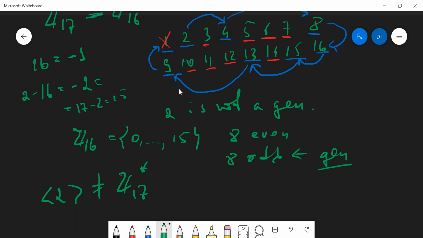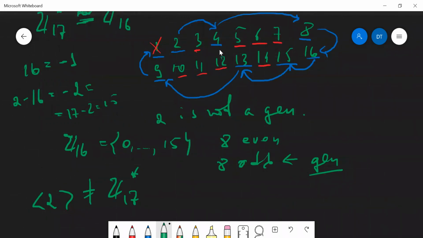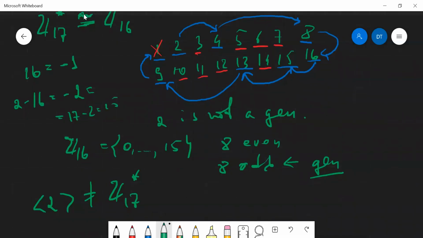That's the first claim. But the generators must be among the other elements. And there are 8 other elements. And I use this isomorphism to compute the amount of generators. And I see that there must be 8 generators. So the blue elements are not the generators. So the generators are among the left, among the red ones. But there are exactly 8 red elements. So all of them must be generators because of the amount of elements. Is it clear now?